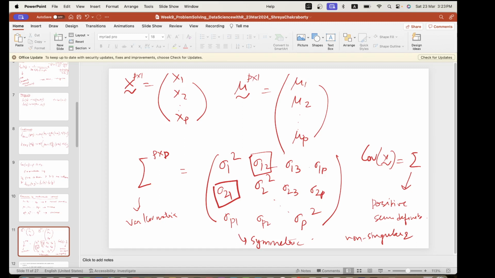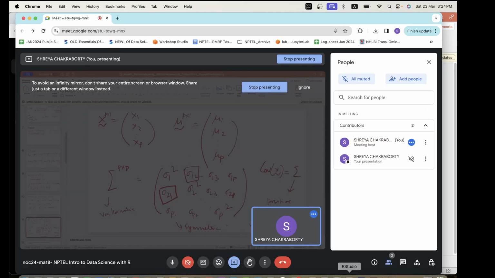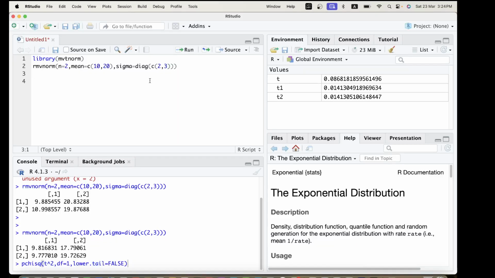Now if we have to simulate or generate such multivariate or bivariate distributions from R, how are we going to do it? We are going to use the package mvtnorm. Let me go to this R console.